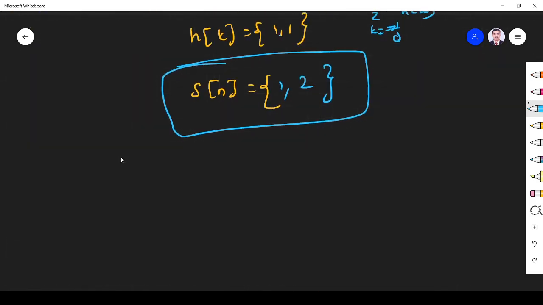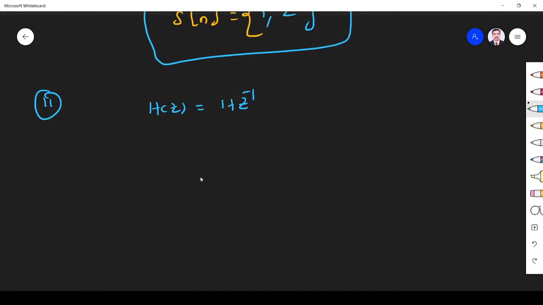Fine. Next, the 11th concept. We know that H of z is equal to 1 plus z inverse. Whether it is causal or non-causal, you see the pole-zero diagram. If you draw the pole-zero diagram, what will happen?